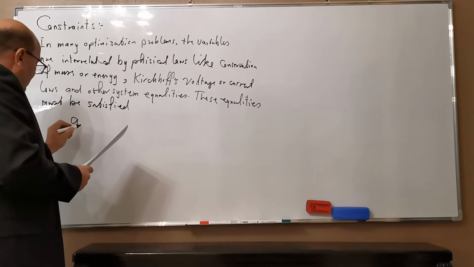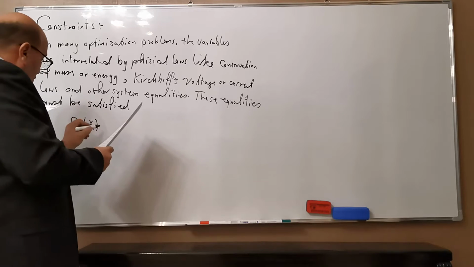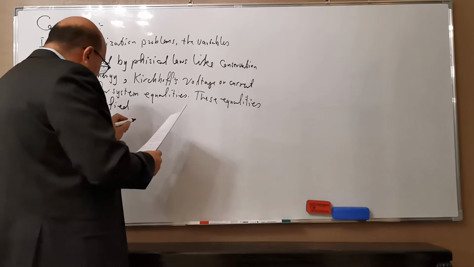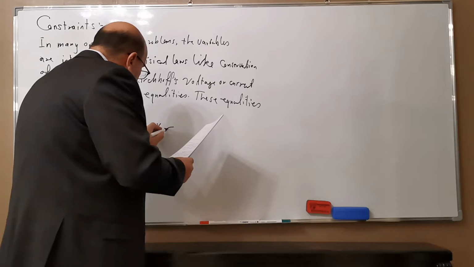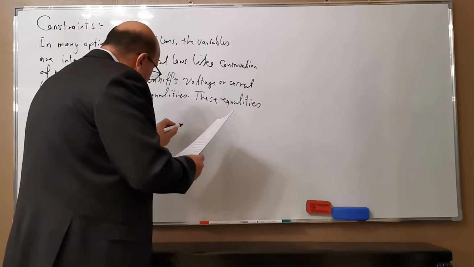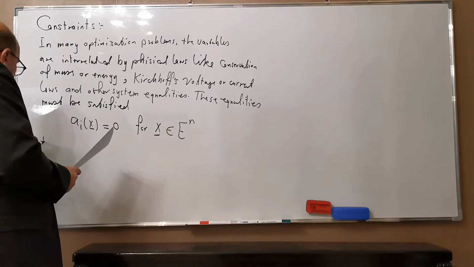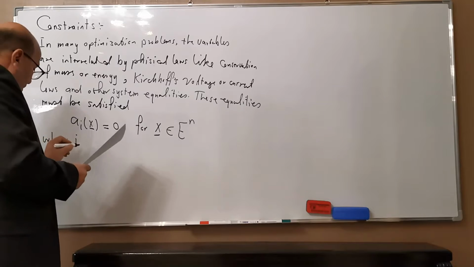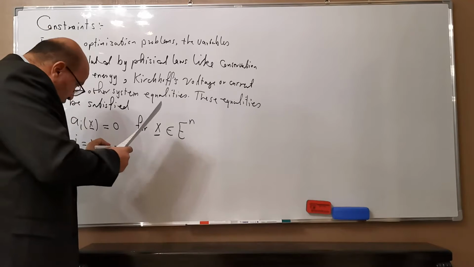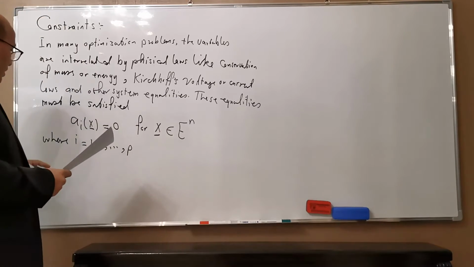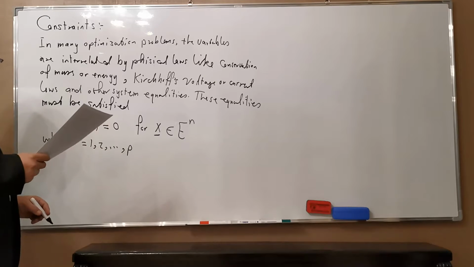Symbolically, we will represent this by a sub i of x. This is an equality, should equal 0, for x as a vector belongs to the nth Euclidean space, where i equals 1 up to p. So we have p number of equalities, a1 up to ap should equal 0.